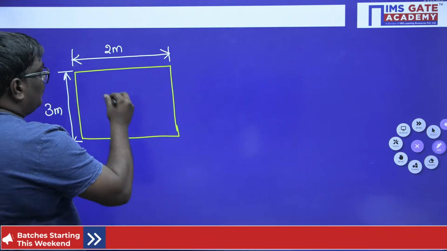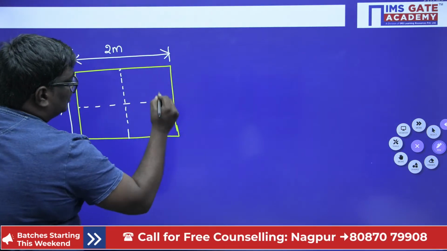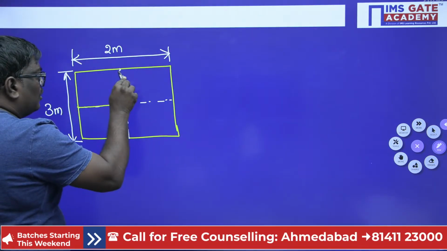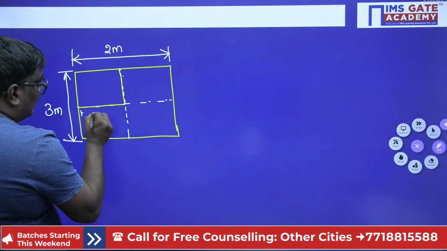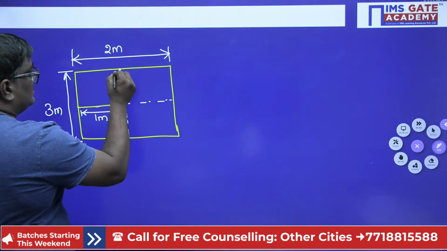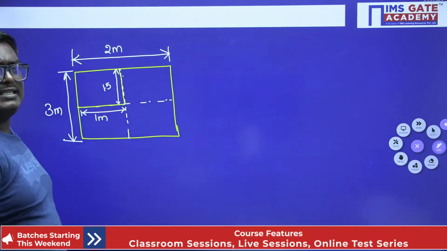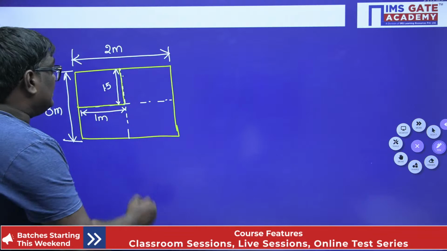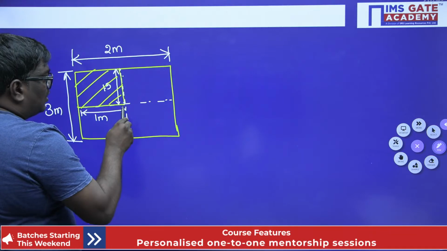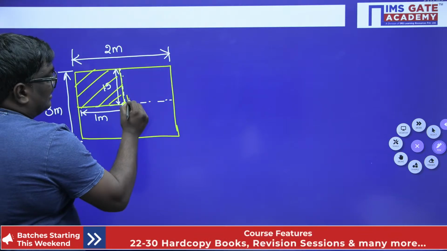Now if I divide this into 4 equal portions, this distance will be 1 meter, and this distance will be 1.5 meter. So see, students, it's basic common sense. They have given for this rectangle the stress at the corner.